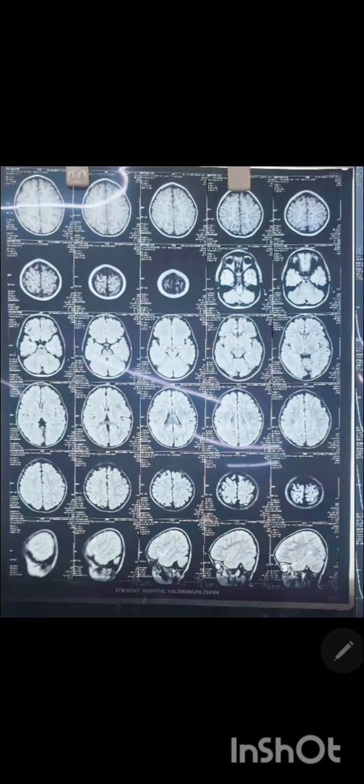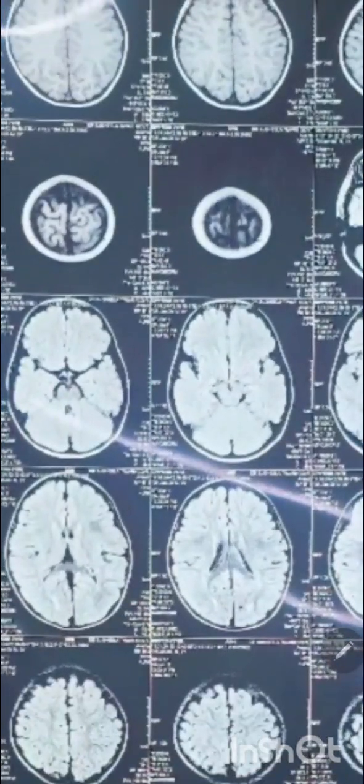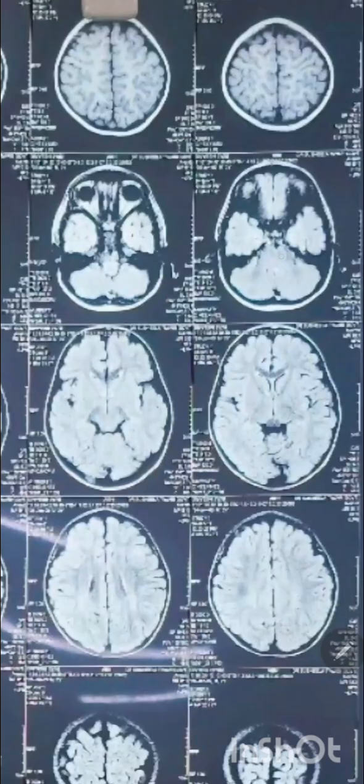And in the MRI, magnetic resonance imaging, a strong magnetic field and radio waves are used, providing unparalleled detail of different soft tissues, different parts of the brain at different levels.